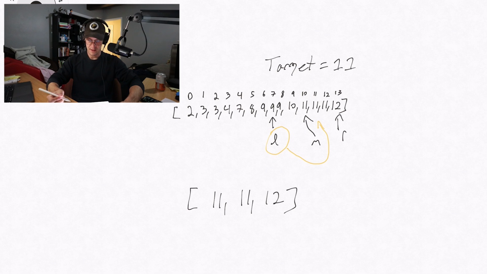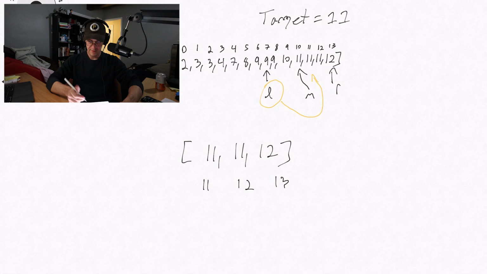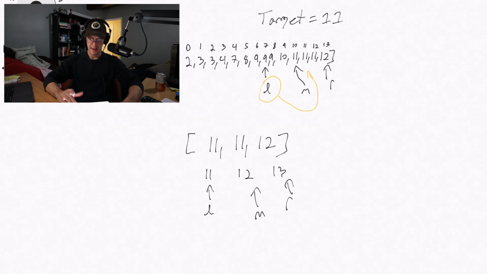Actually, I'm going to do them on the bottom. I think I like that more. 11, 12, and 13. And so now we've got L pointing at this guy, R pointing at this guy. We don't even need to do the math. We know that M is pointing at that. And that gives us an 11.